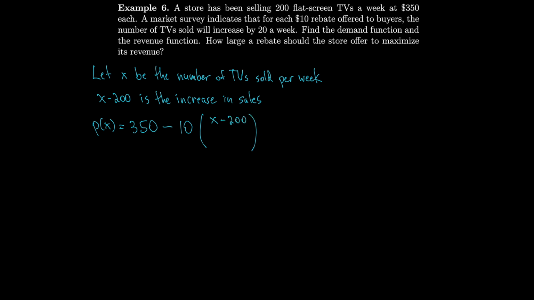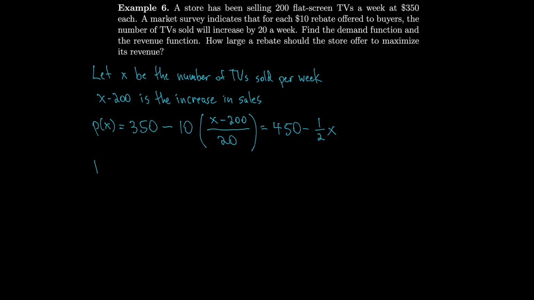However, the market survey says the number of TVs sold will increase by 20 a week, so the $10 only applies to each 20. It doesn't apply to all of the X minus 200, only to every 20 of them, so we have to divide by 20. Simplifying, we get 450 minus half X. So that's our demand function, our price function.